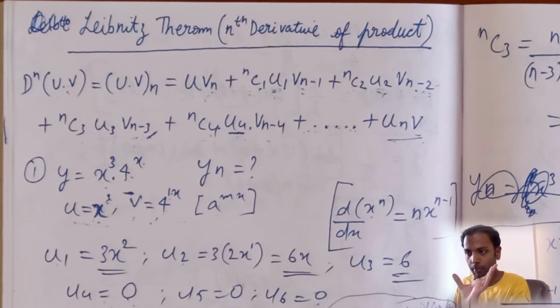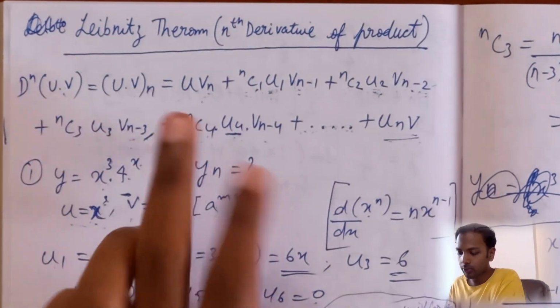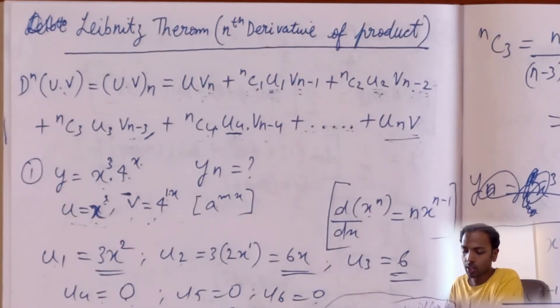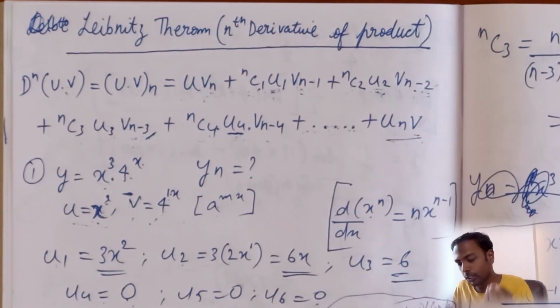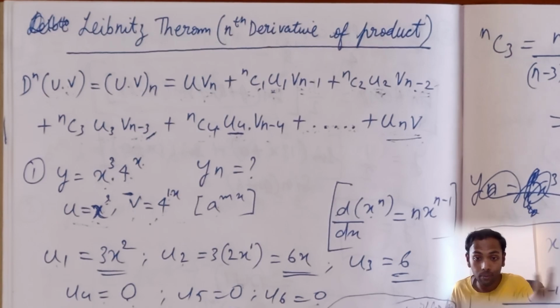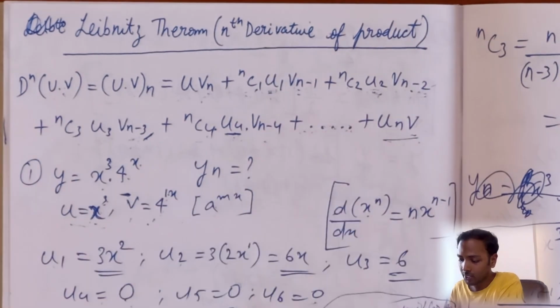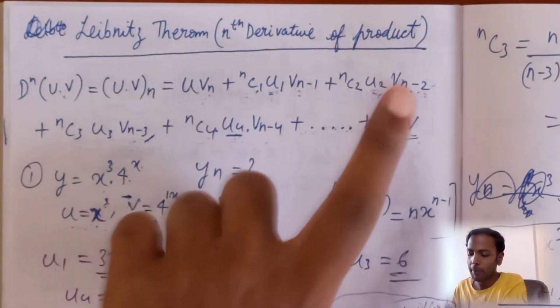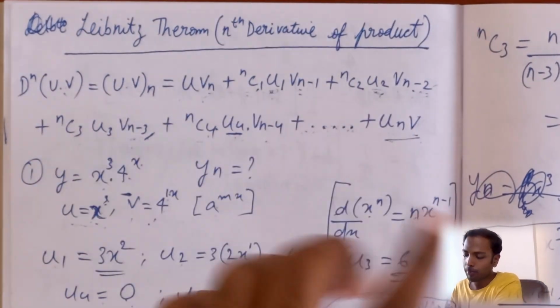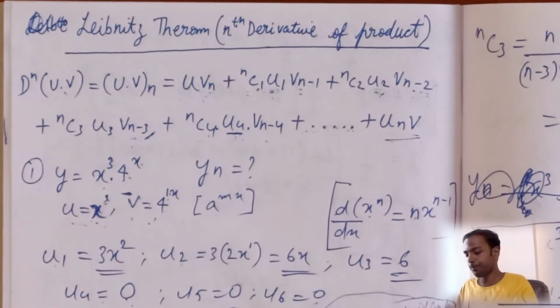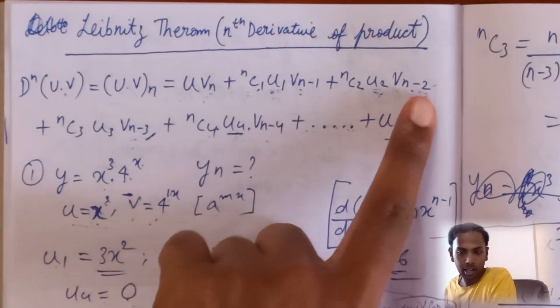Just for the sake of writing a final answer, let me find the first 3 terms. You can even find the first 4 or 6 terms if you have the time, but in examination you don't have much time. So I'll find the first 3 and then put the dots and the last term. So Vn−1 is done.